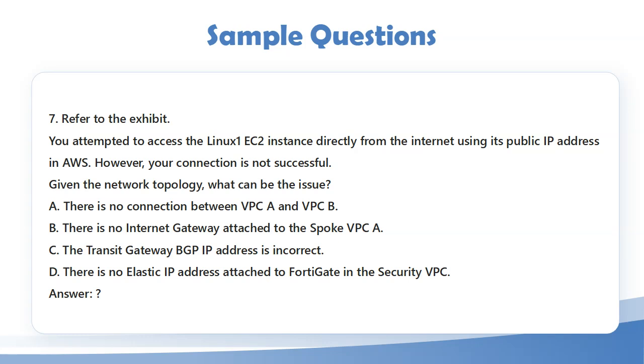A. There is no connection between VPC A and VPC B. B. There is no Internet gateway attached to the spoke VPC A. C. The transit gateway BGP IP address is incorrect. D. There is no elastic IP address attached to FortiGate in the security VPC.